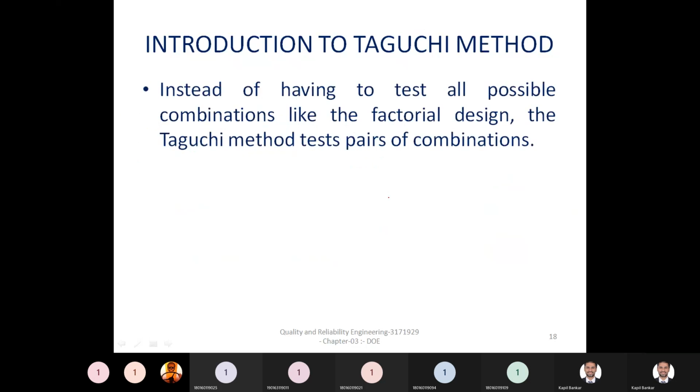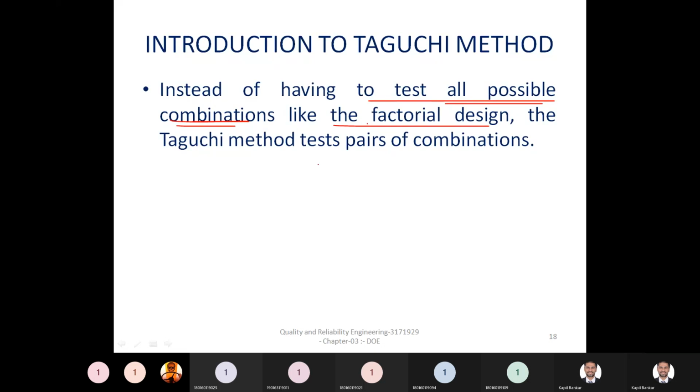Instead of having to test all possible combinations, you need not do all such experiments. You need not worry about all possible combinations as in full factorial design.